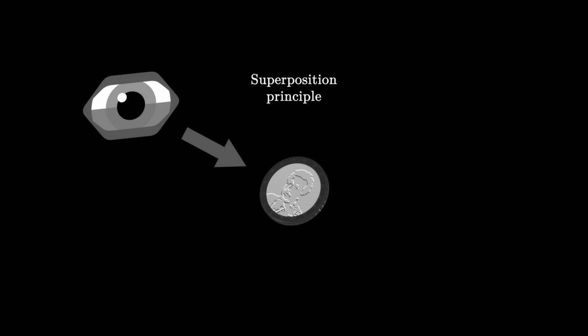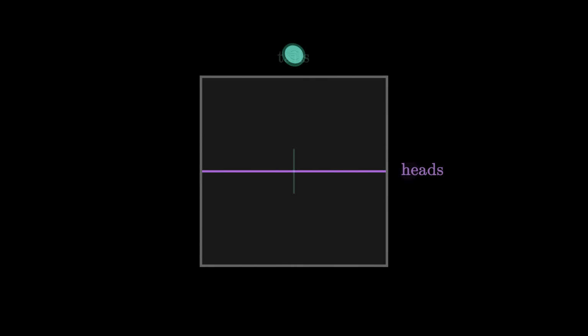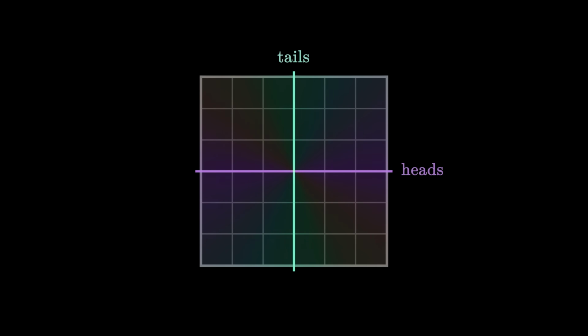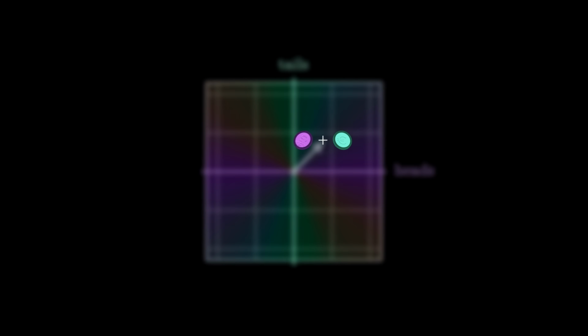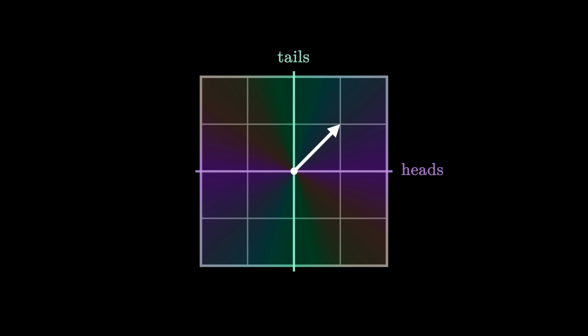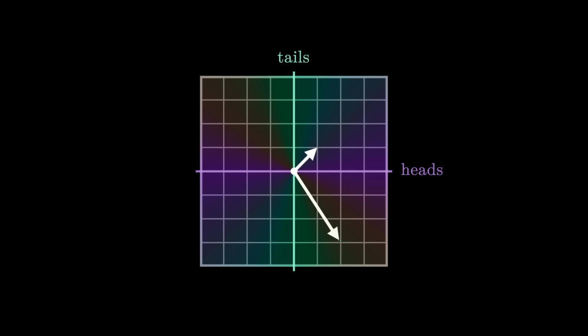To model quantum superpositions, we once again use an abstract space, in which heads and tails are just 2 axes, 2 directions. Each superposition is a sum, which involves heads and tails in arbitrary proportions. This state, for instance, corresponds to the sum heads plus tails, this one to the sum 2 heads minus 3 tails.